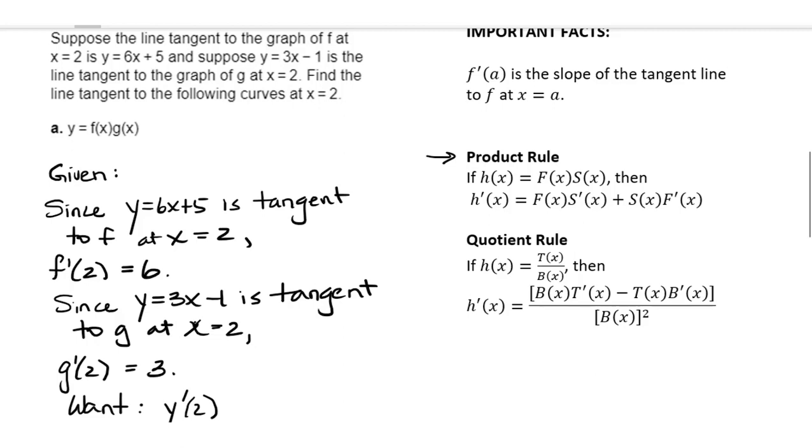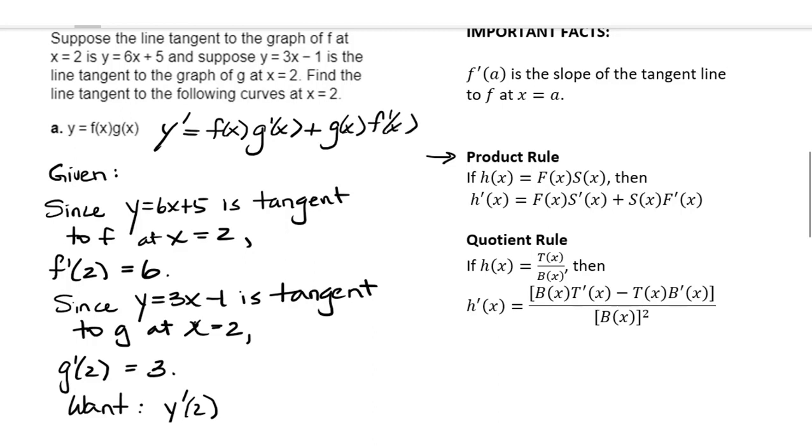So we're going to apply that idea over here. We're going to find y prime. Y prime is going to be the first function, f of x, times the derivative of the second, plus the second function, g of x, times the derivative of the first.